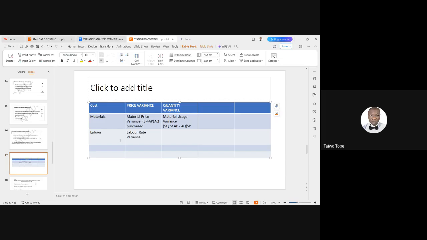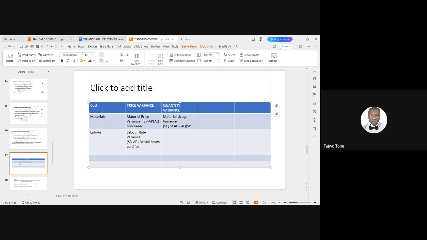And the formula will be standard rate less actual rate, multiplied by the actual hours paid for.